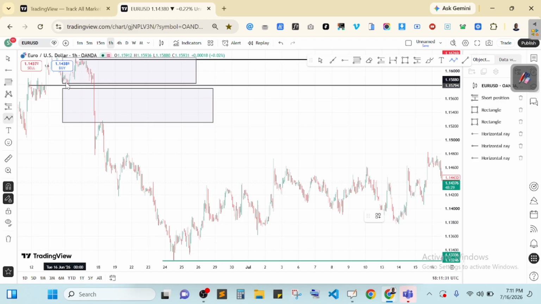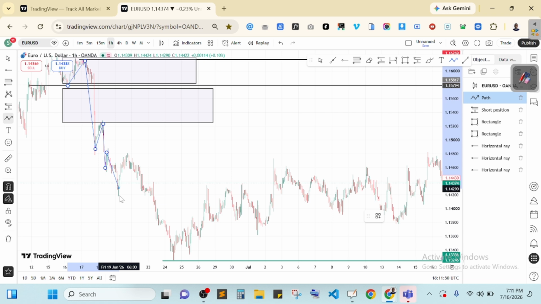So you can see that this is low, high, change of character, low, high, low, high, low, high, break of structure, high, low, high, low.